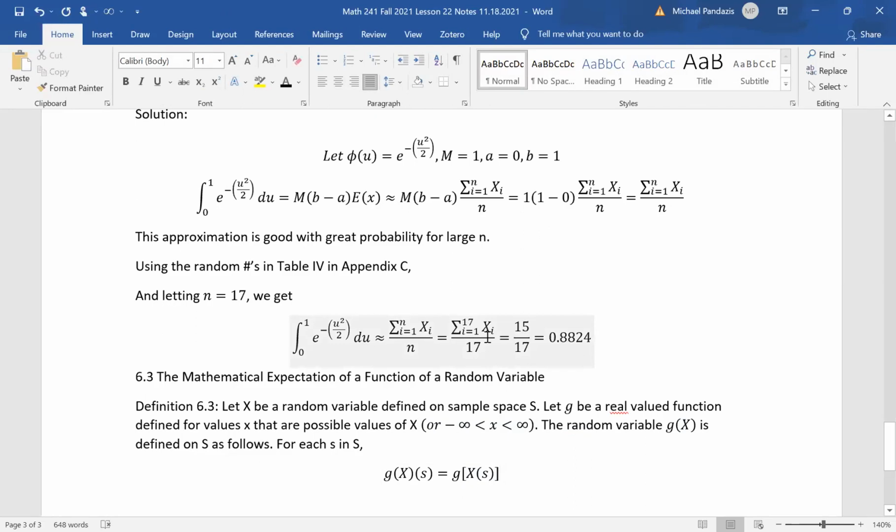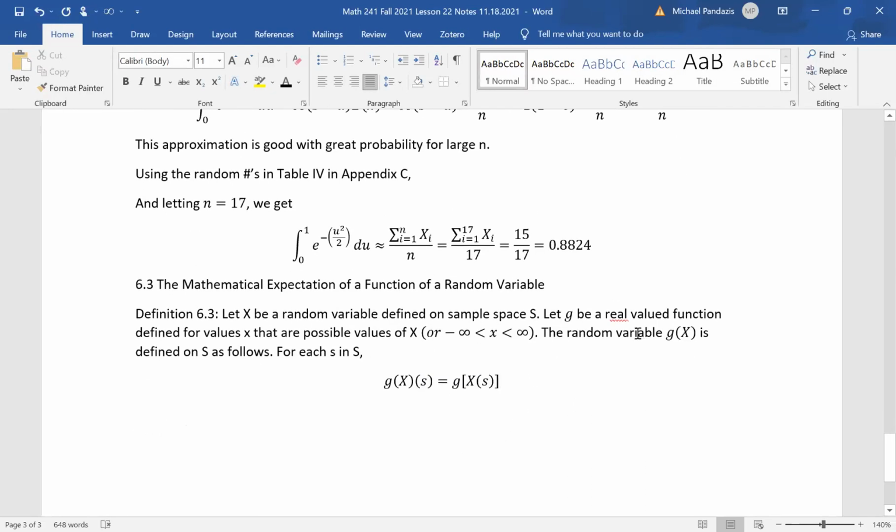Okay, so what does this mean? A random variable is like a function where you input a result of the experiment and it outputs a number. So you have an experiment. For each possible outcome of the experiment, you plug into this function and it outputs a number. Your original X was a random variable.